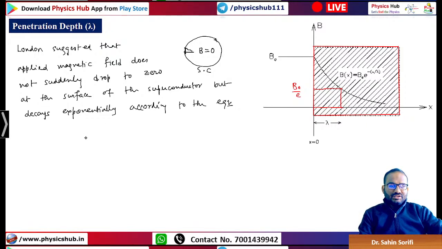In terms of H, H is equal to H naught e to the power minus x by lambda. Here lambda is known as the penetration depth.